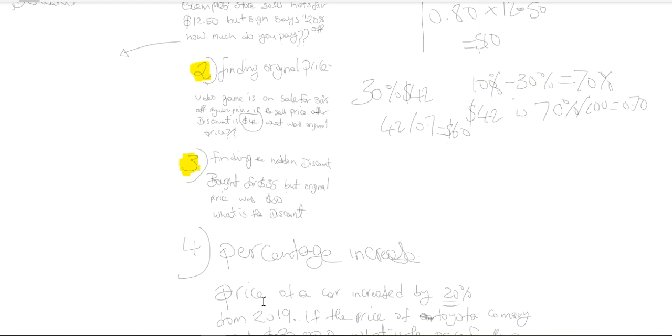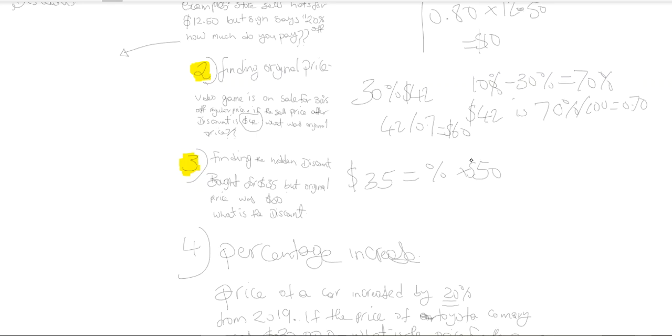You have to confirm. So all you have to do here is, the $35 that they are selling now is equal to some percentage multiplied by the original price, which is $50.